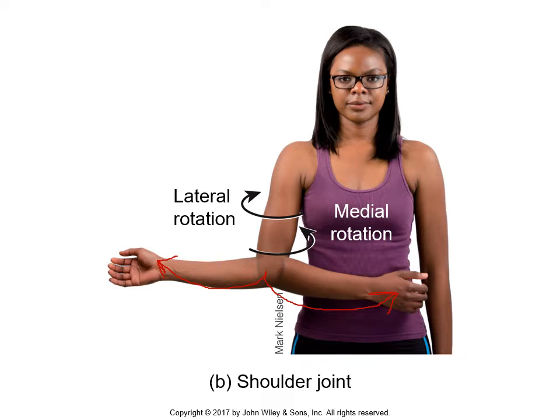Taking the feet and pointing them outwards, that's external or lateral rotation of the hip. If I take my toes and turn them inwards, I think colloquially they call it duck walk, that is medial rotation or internal rotation of the hip.